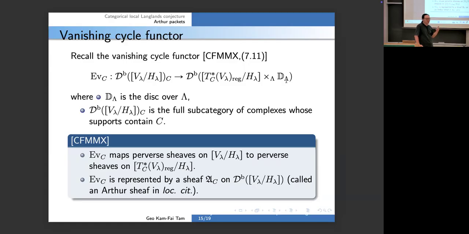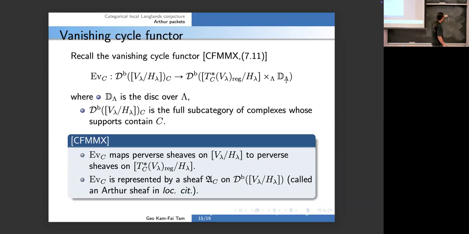You can think this is the Spec of this ring, right? In their setup, yes. I think you just replace this C by Q_ℓ bar.